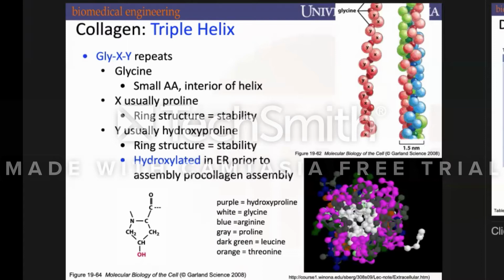It's not the best, but the gold standard right now for figuring out collagen content in tissue is doing a hydroxyproline assay to see how much hydroxyproline is present and using that as an indicator of how much collagen there is. Hydroxyproline is only present in collagen, from the hydroxylation of proline.